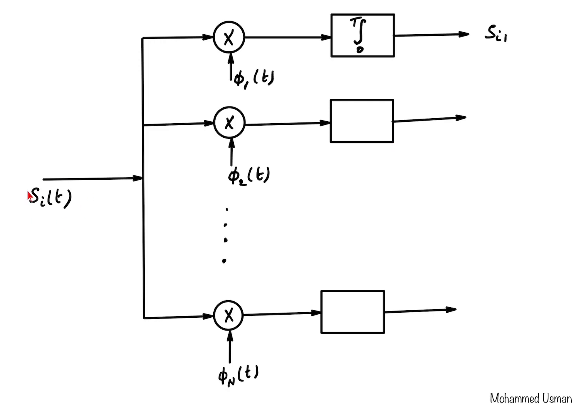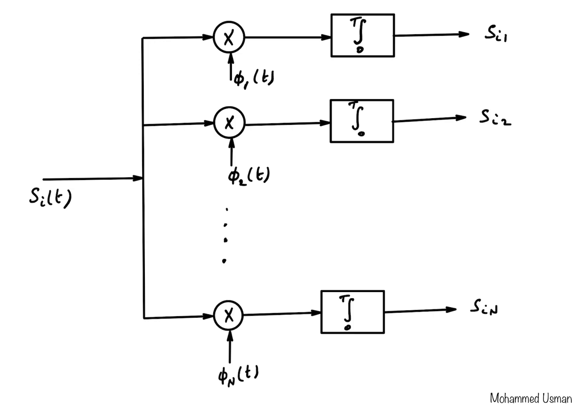Similarly, the second branch multiplies Si of t with phi 2 of t, and that product is integrated from 0 to t, and that will give us Si2. Similarly, integrating the nth branch from 0 to t will give us Sin.